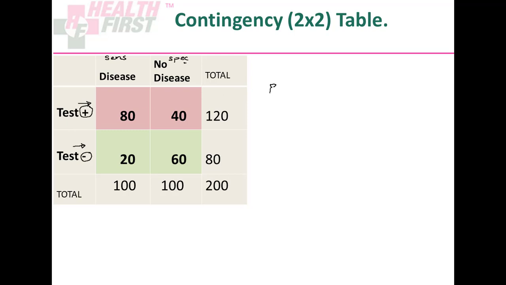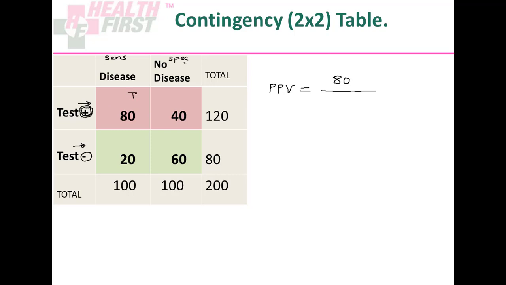So a positive predictive value, the probability that individuals with a positive test result truly have disease. And we see from this 2x2 that individuals who truly have disease are this 80 here, right? So it will be 80. Remember, again, it's probability, right? It's a risk, it's chance. So we are going to divide that by the total of individuals who test positive, right?